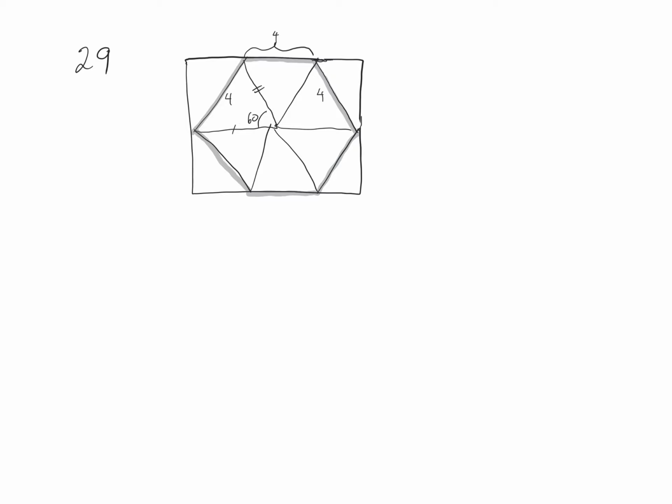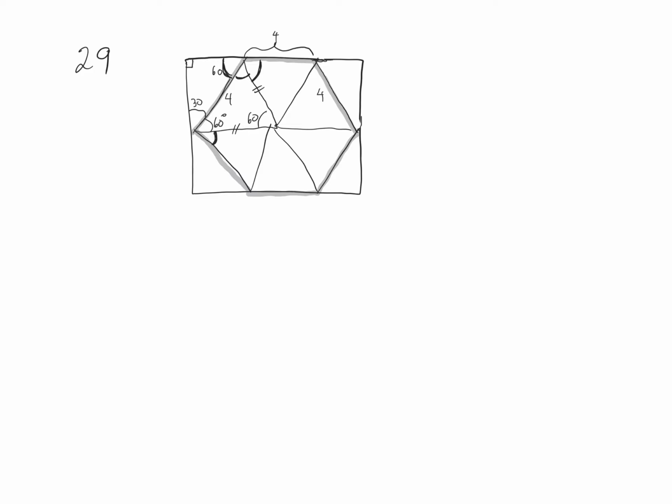And because these are all the same, each of these is 60 degrees, which makes this also 60 degrees, 60 degrees, 60 degrees, and so this is 60 degrees right here, and that's a right angle. So this is 30 degrees.